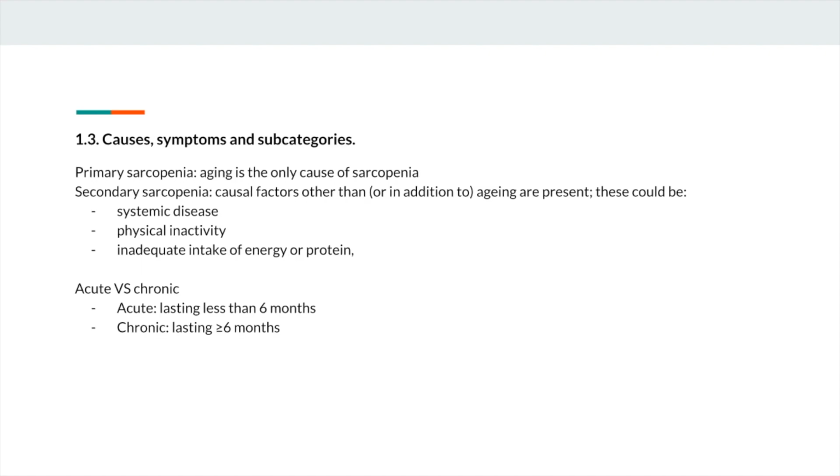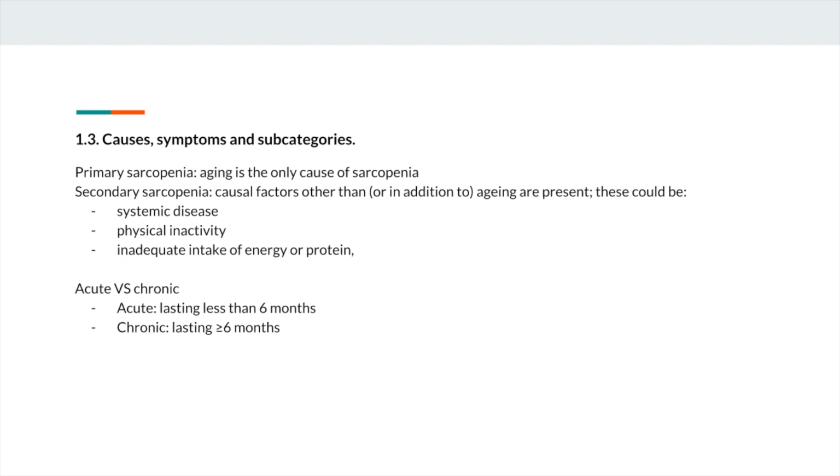Different factors are known to cause sarcopenia. Based on its cause, sarcopenia can be primary and secondary. In primary sarcopenia, there is only one cause, namely aging, while in secondary sarcopenia, causal factors other than or in addition to aging are present. These could be systematic diseases, especially the ones that may evoke inflammatory processes, for example, malignancy or organ failure.